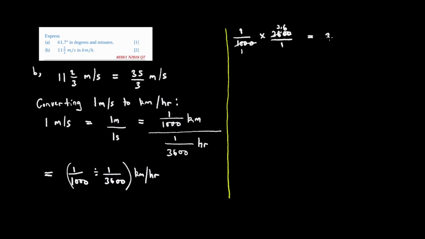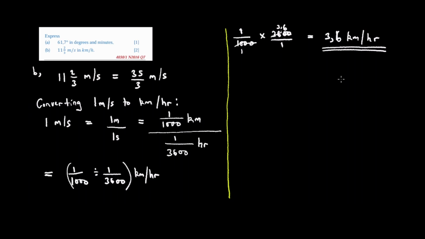Correct, this is going to be equal to 3.6 kilometers per hour. Remember, George, I am saying you will be able to know that 1 meter per second is equal to 3.6 kilometers per hour.